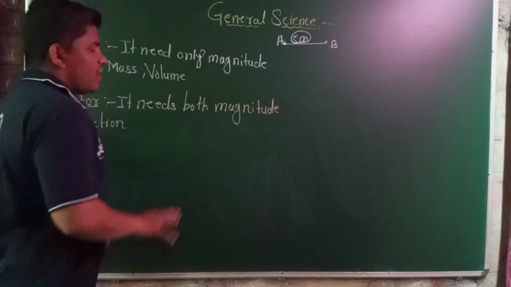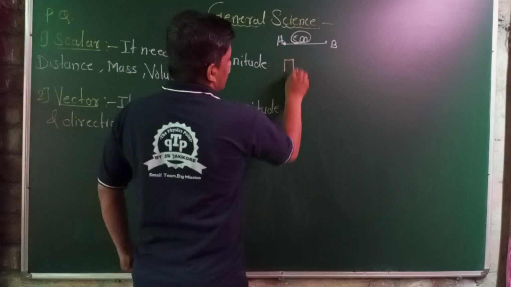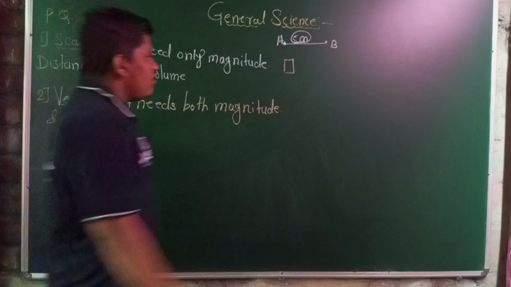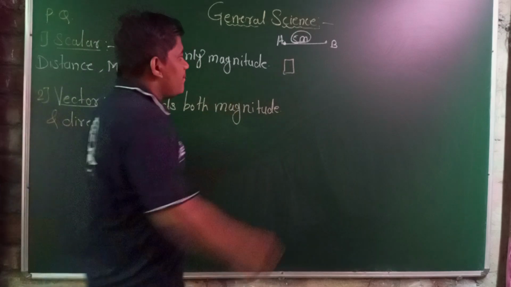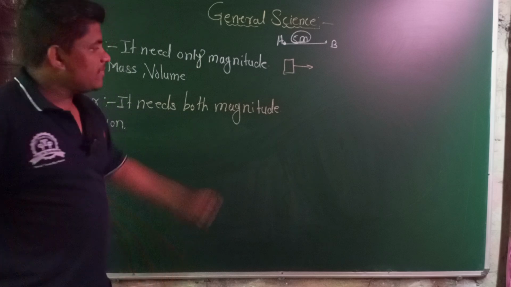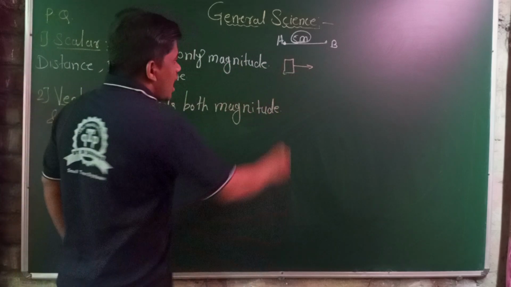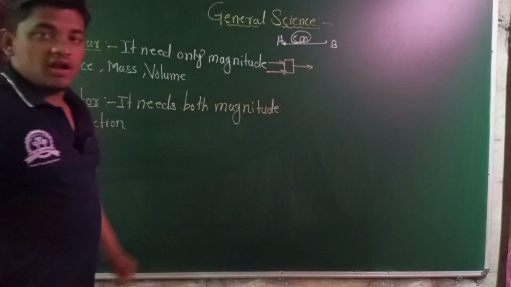Consider a force applied on a certain object. Consider this is a box. I apply a certain force on that particular box, and the box will move in this particular direction.